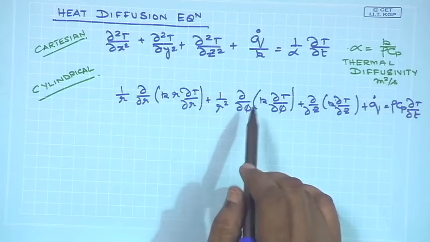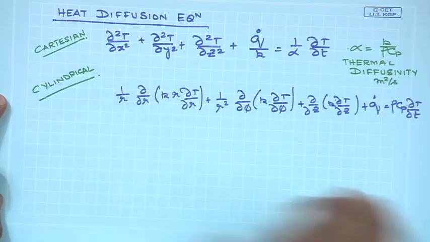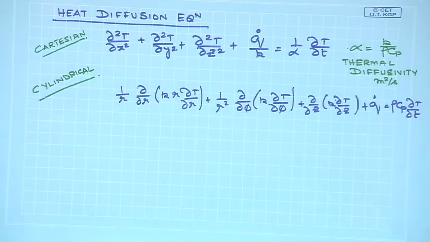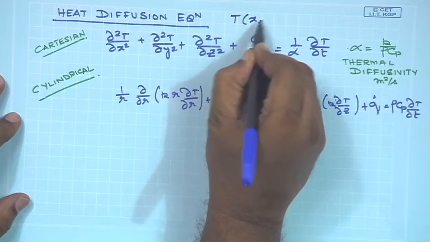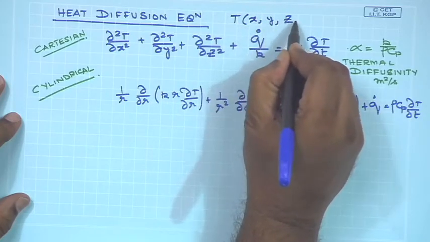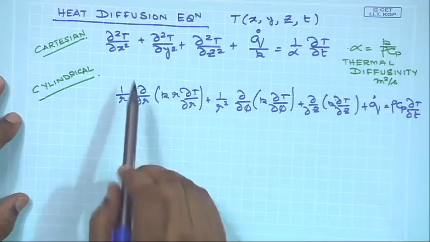And this is the equation which we derived in the last class, where for Cartesian coordinate systems the temperature change. Now, in all these cases T could be a function of x, y, z and time.